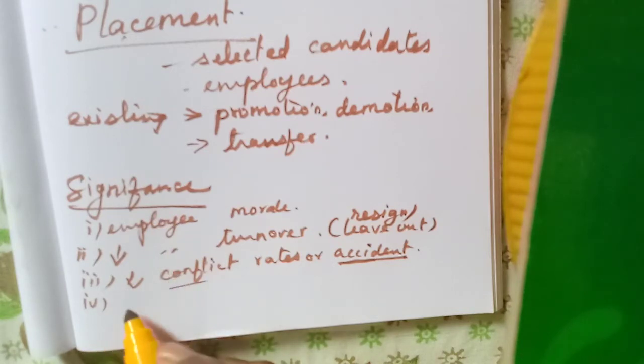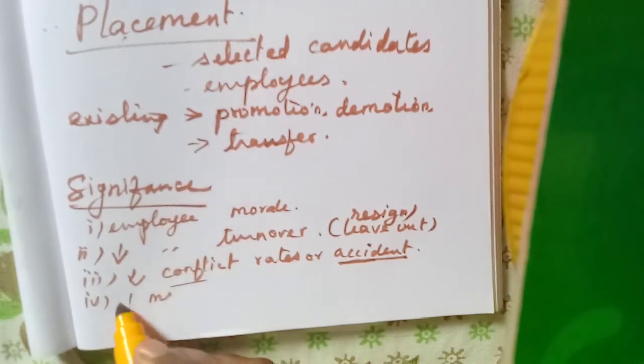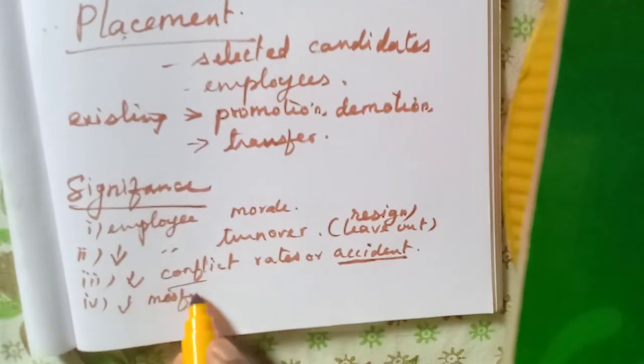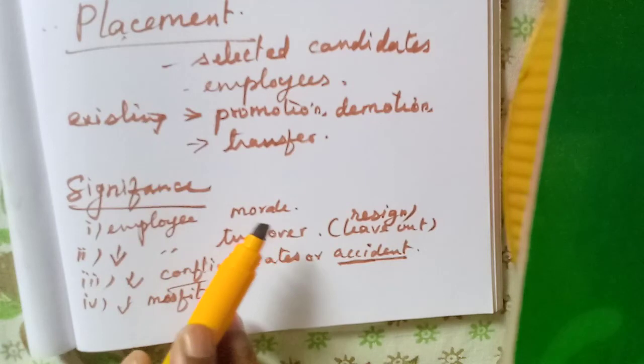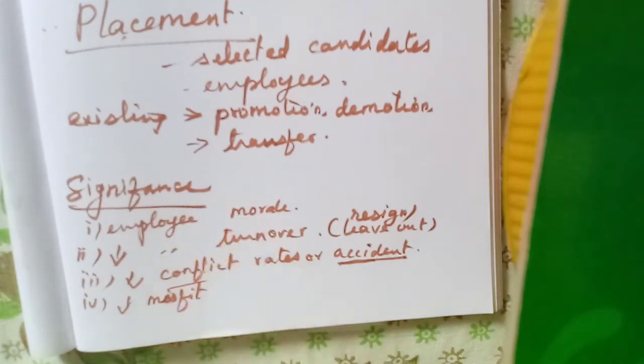And it reduces the misfit, because already we have learned the right person will be appointed in the right job, that is called placement. So if we have appointed the right person in the right job, then it avoids the misfit between the candidate and the job, because the right candidate is appointed for the right job.